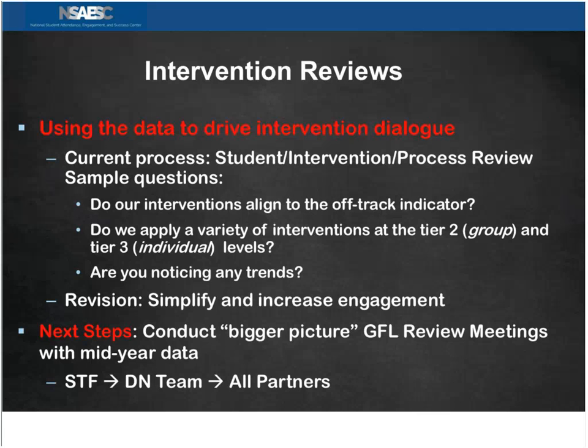And so doing an intervention review gives you a chance to actually review those interventions to see, are we using a variety of interventions that we have available to us? And then lastly, you may need to do revisions and revise or simplify those interventions, or for those that are not being used that often, you may want to increase the engagement and the usage of those actual interventions.